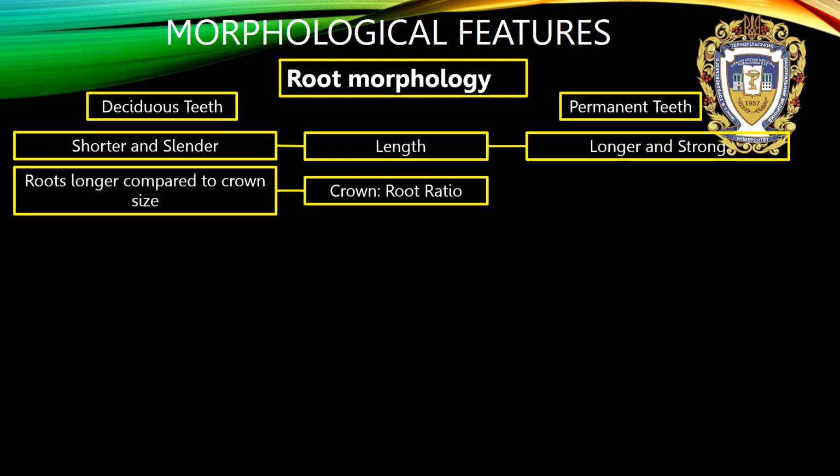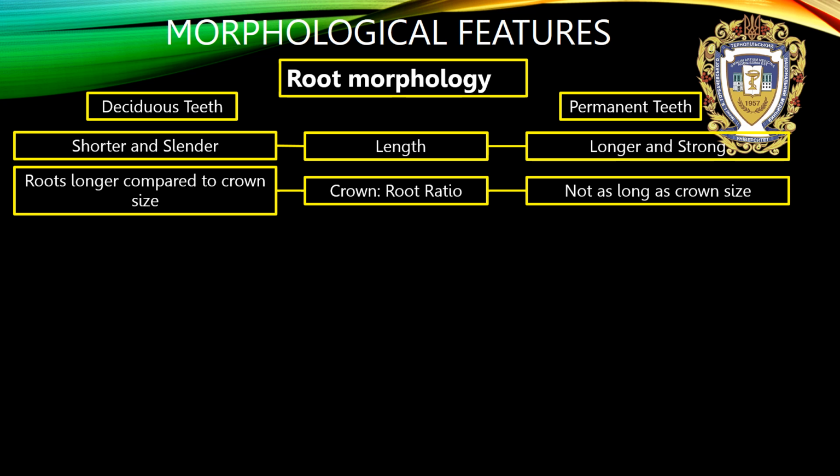In temporary teeth, roots are longer compared to the crown size. But in permanent teeth, the crown root ratio is different, and roots are not as long as the crown size.